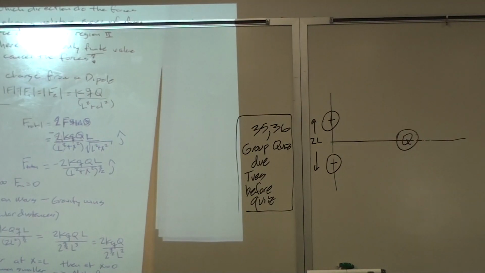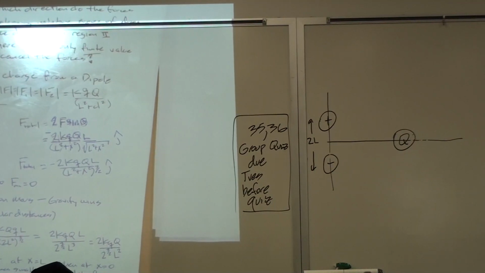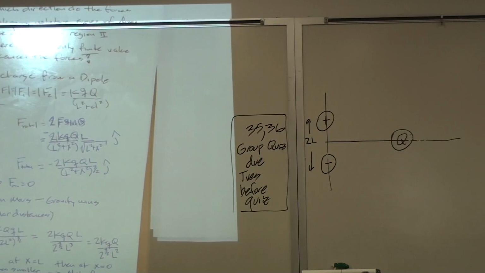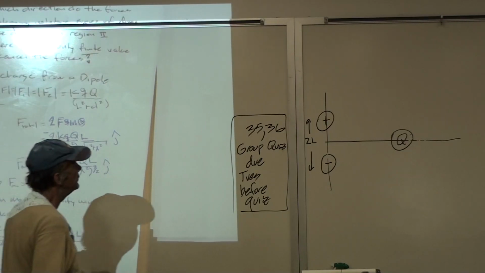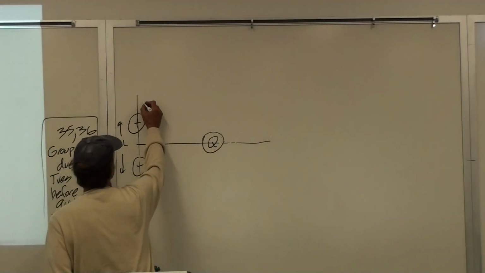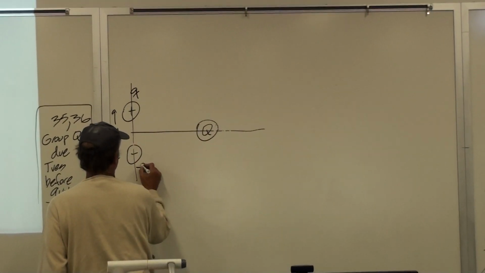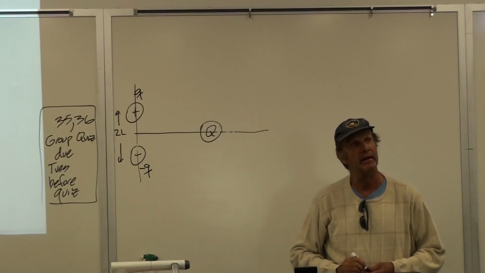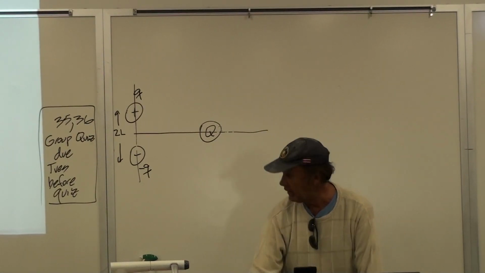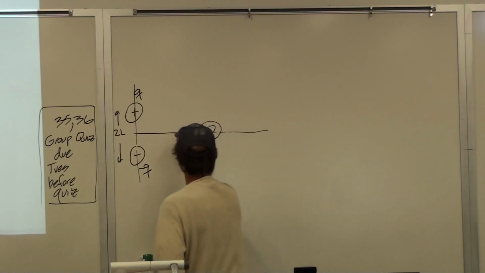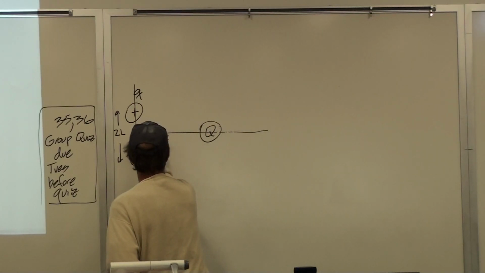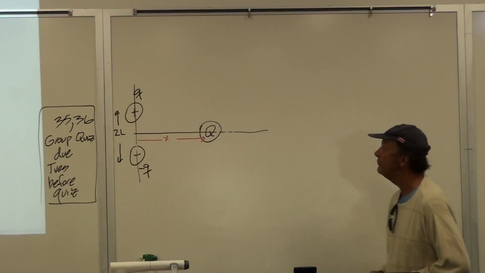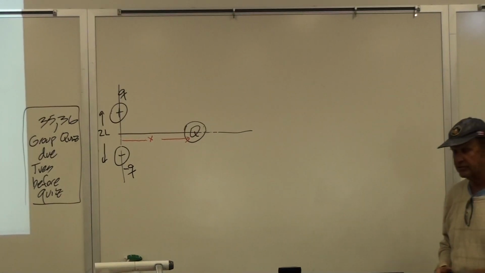I didn't specify what Q is, so I'll just leave it in terms of Q for the moment, so that I'll stay consistent with the notes. If I want to plug in numbers later, I'll do it. All right, so this distance is some variable distance x, and we want to find the force on big Q as a function of x.